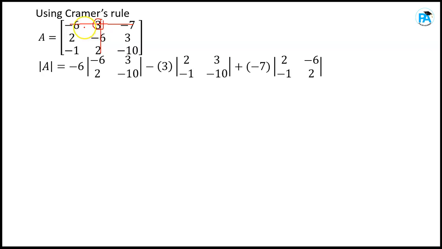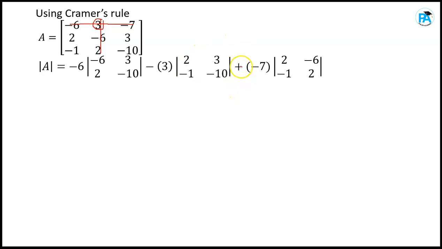All those values that are on the same line with it, you cancel them out. The ones that you are left with are known as its minor. Do you get it? So the minor of 3 are 2, -1, 3, and -10. As you can see, we find the determinant of that as well.